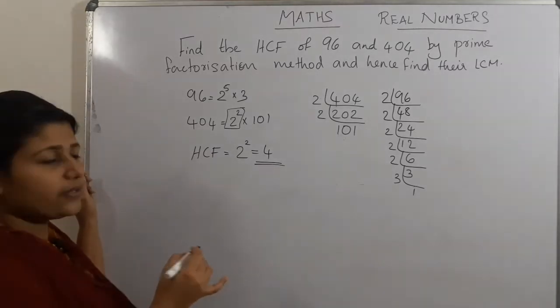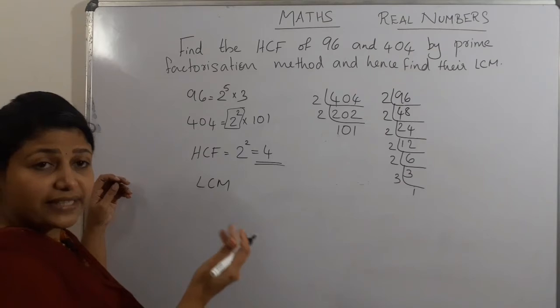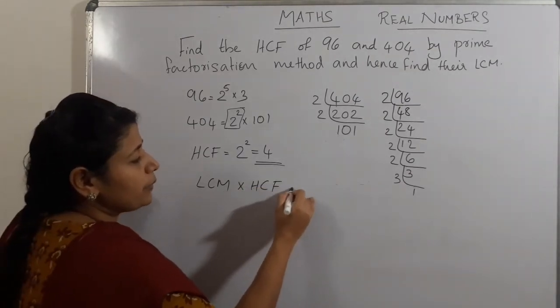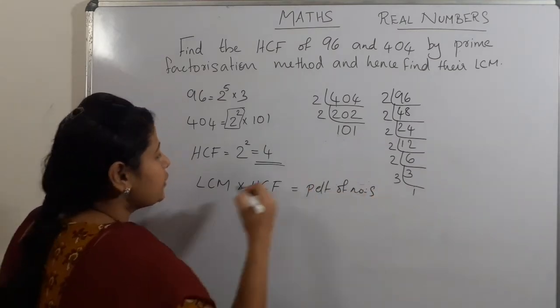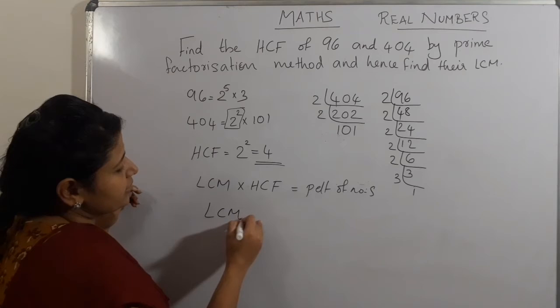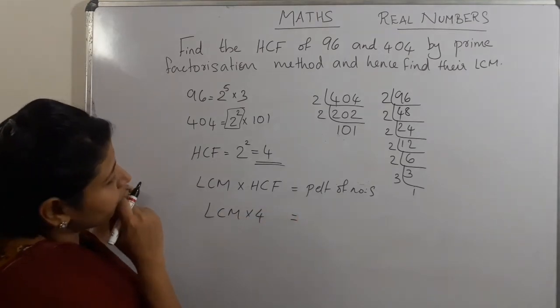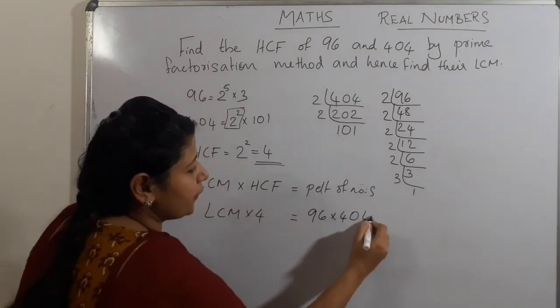Now we want to find the LCM. How can we find this LCM? We know that LCM into HCF is equal to the product of the numbers. So we write LCM into HCF, which is 4, equals the product of the numbers, here 96 into 404.